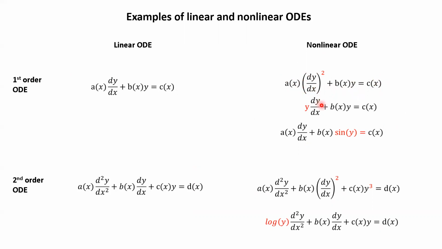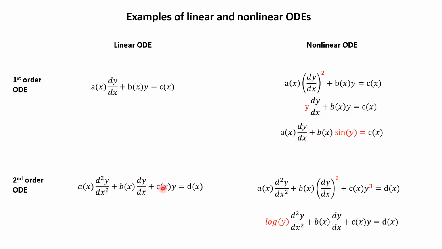Also, here you can see that in front of this dy/dx term, I don't have a function of x, but instead a y, then this will also make the ODE nonlinear. And also the third example here: instead of having just the y, I have a sine of y, and this also makes the equation nonlinear.